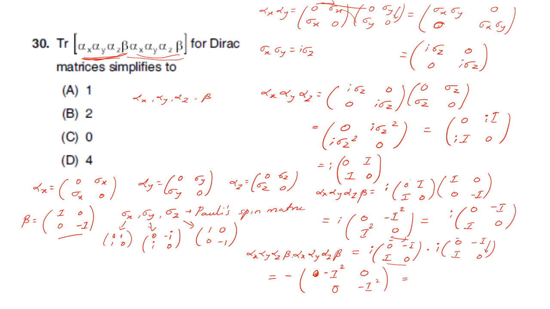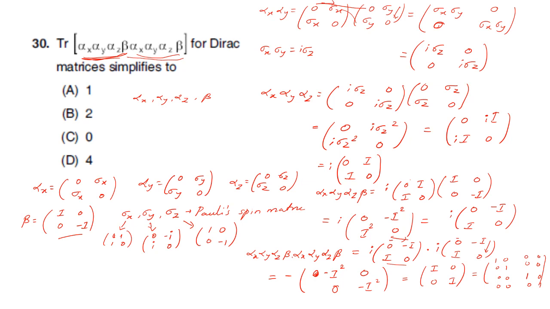Minus is common here, so minus minus plus, I square is I only. I is nothing but identity matrix 1 0; 0 1, so the matrix is 1 0 0 0; 0 1 0 0; 0 0 1 0; 0 0 0 1.